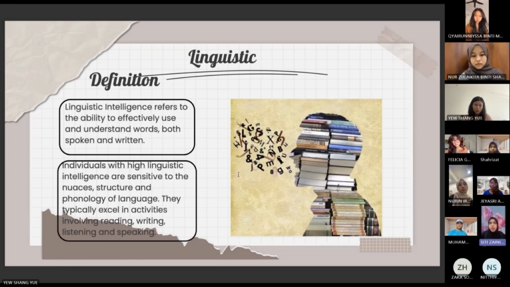People with strong linguistic intelligence usually love words. They are good at things like writing stories, reading books, learning new languages, or even just having deep or interesting conversations. They are very aware of the little details in language like grammar, sentence structure, or how to choose the right word to say exactly what they mean.